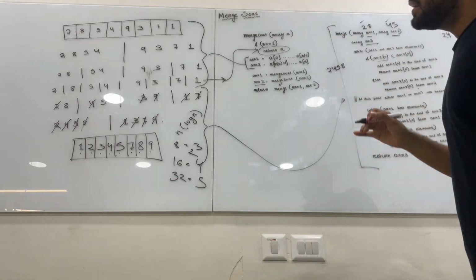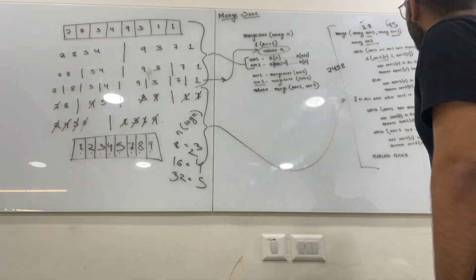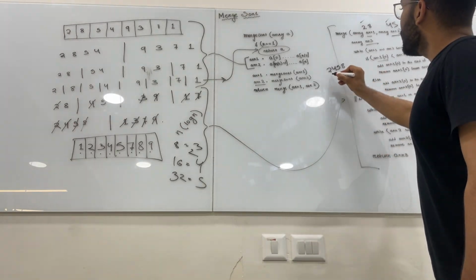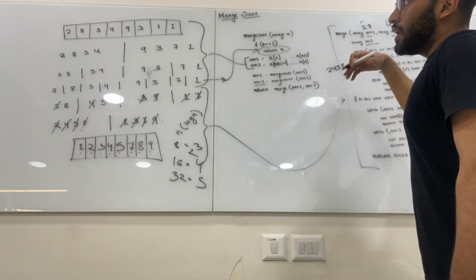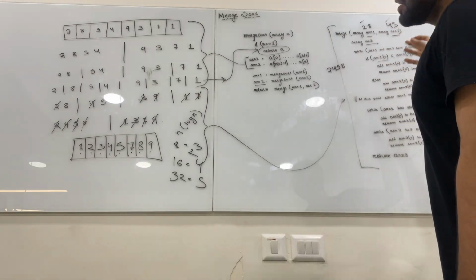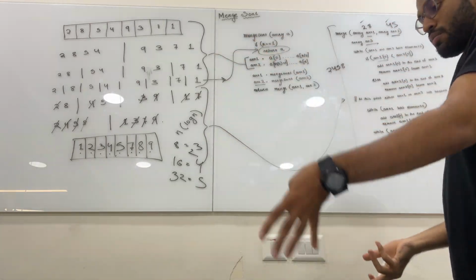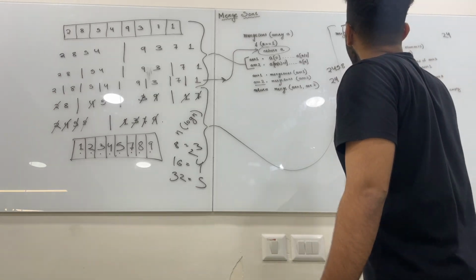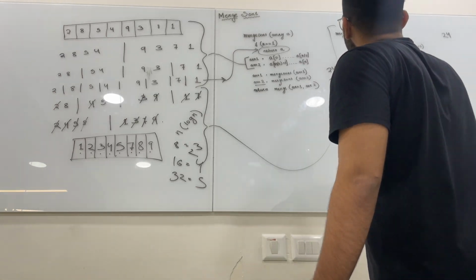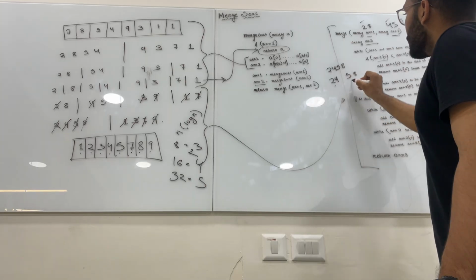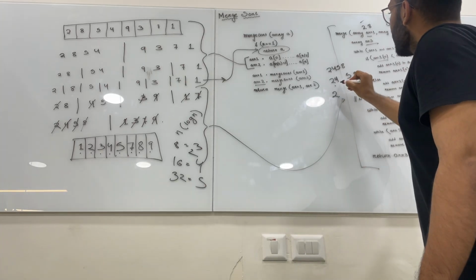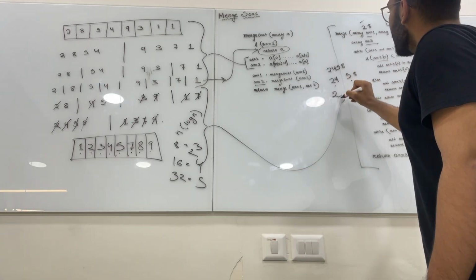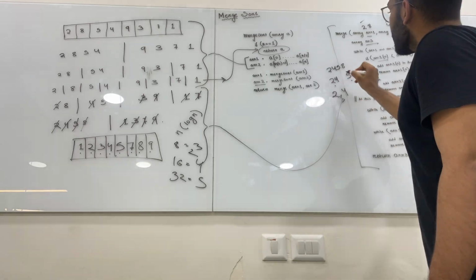And at one point it might happen that we will exhaust one array, and the second array will have all the remaining elements. For example, say we already have something like 2, 4 and 5, 8. So first 2 will be compared with 5, and 2 will come, then 4 will be compared with 5, then 4 will come, and now array 1 is exhausted.